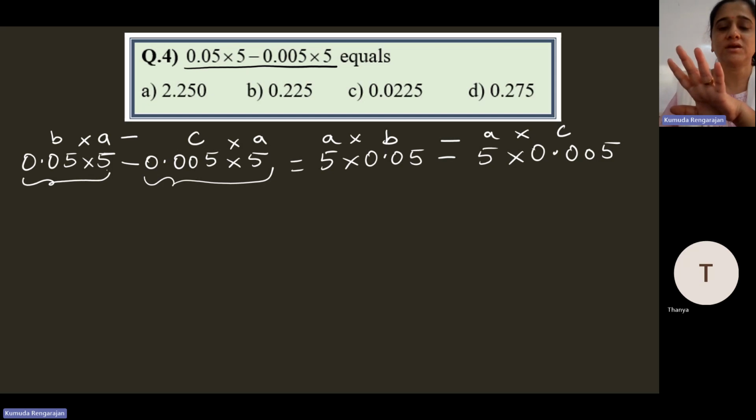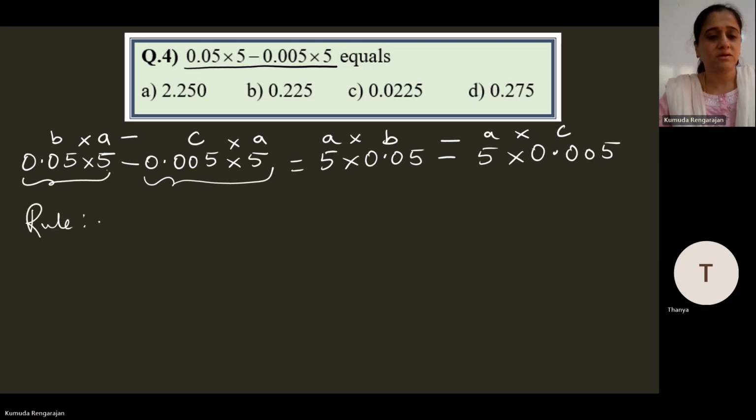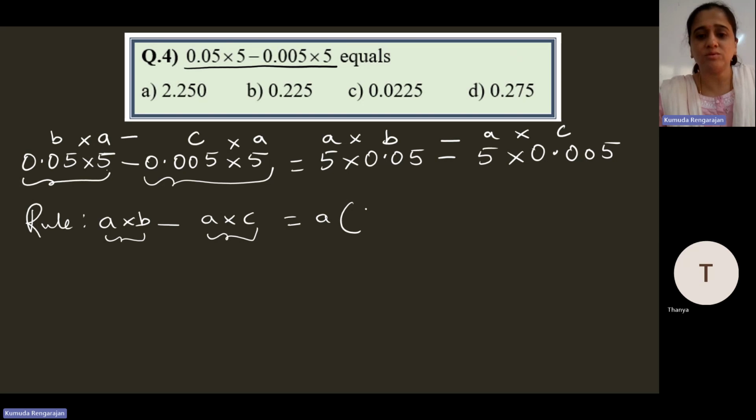Is that fine? Now what's the rule? A into B minus A into C is equal to A into (B minus C). That's the rule. If the question is like A into B minus A into C, then the answer is A into (B minus C).